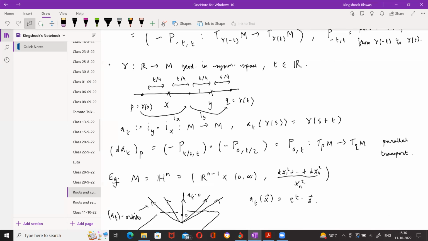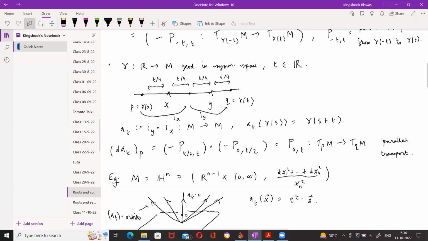And it maps gamma 0 to gamma t, and it's an isometry of this geodesic. Therefore, it's going to map every point gamma s to gamma s plus t, right? So this is an isometry which preserves this given geodesic gamma. And what is the derivative of this AT? Well, by the chain rule, it's the derivative of IY composed with the derivative of IX.